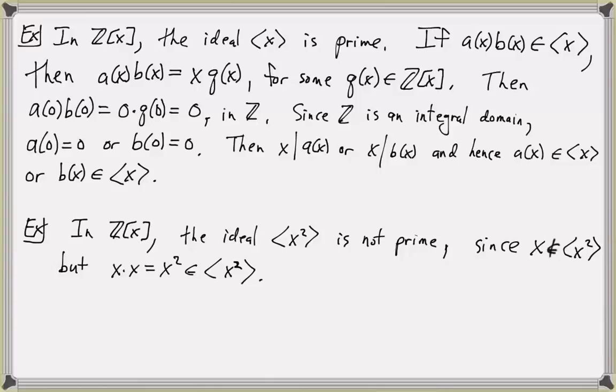Now just like we had a theorem to show that an ideal was maximal using a factor ring, we're going to prove a similar theorem that can be used to determine whether an ideal is prime or not. So let's assume R is commutative.